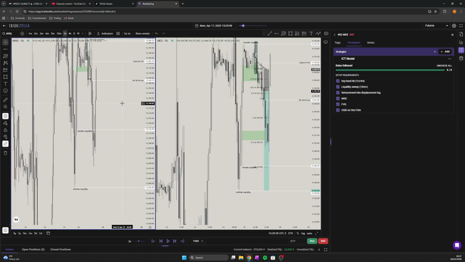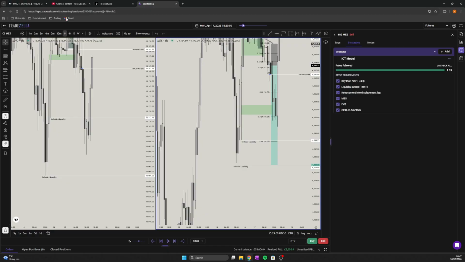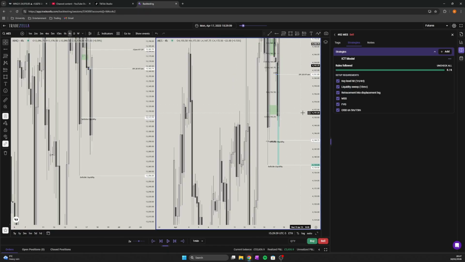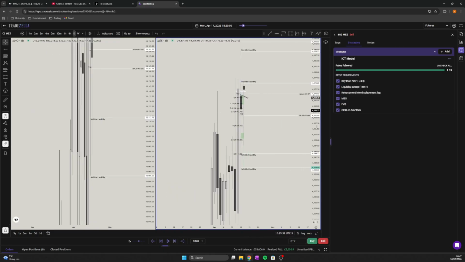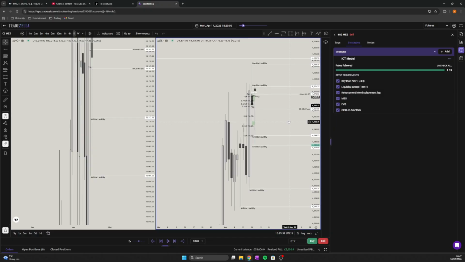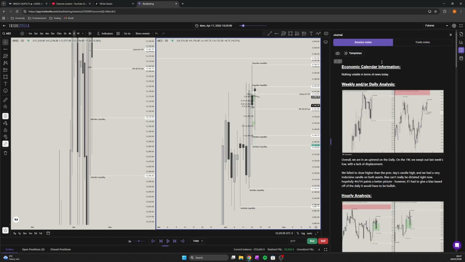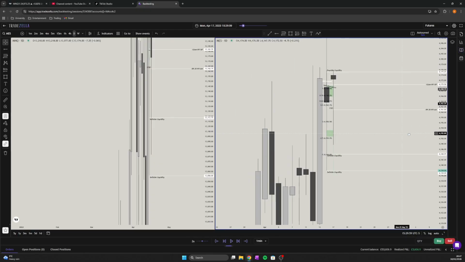This move, I'm trying to understand why this move happened. Like what caused this powerful move? Anything on the daily? No. Okay. Well, that's that on the trade.